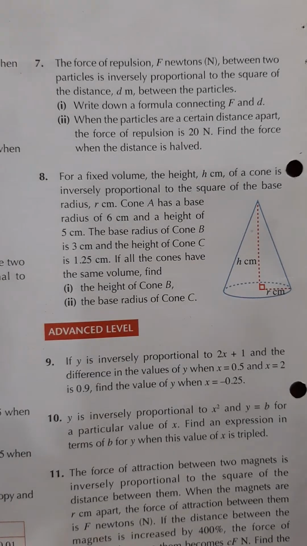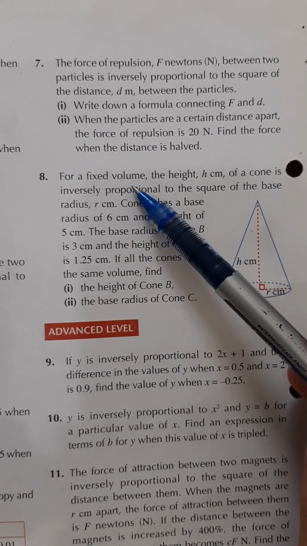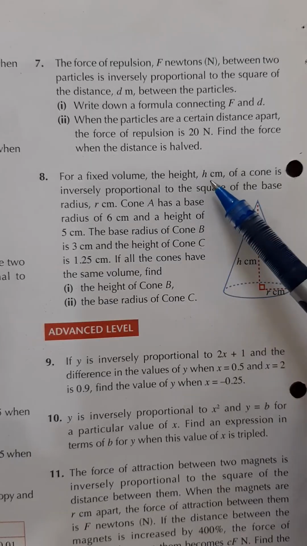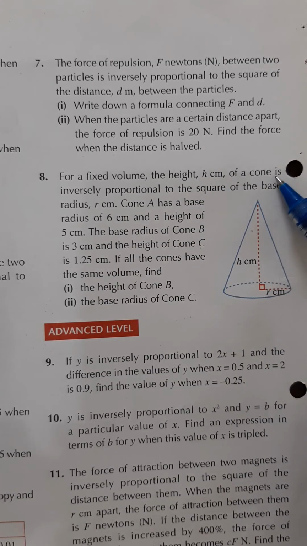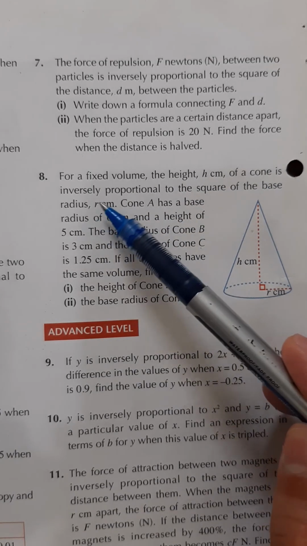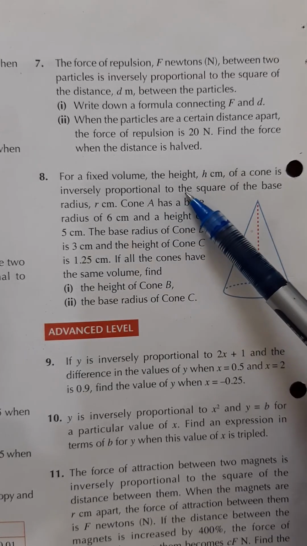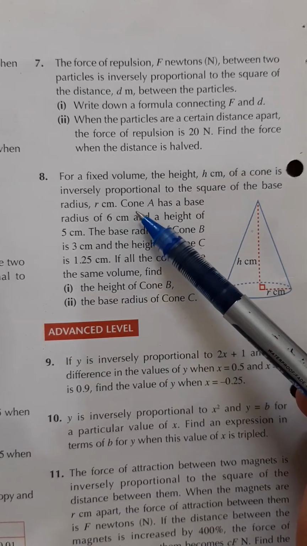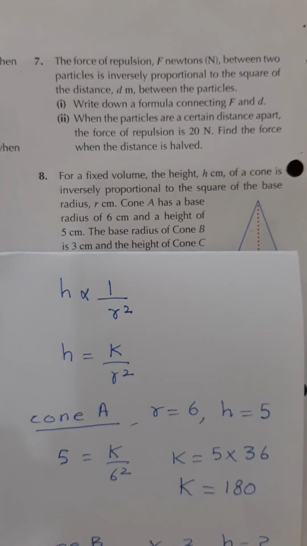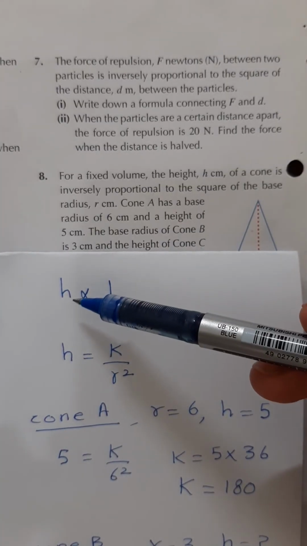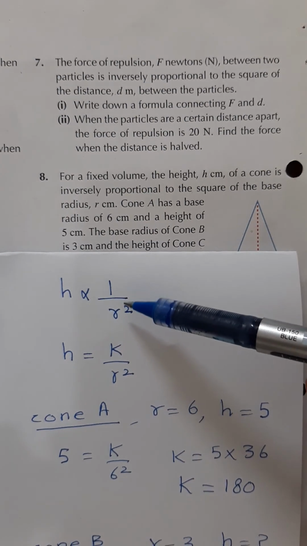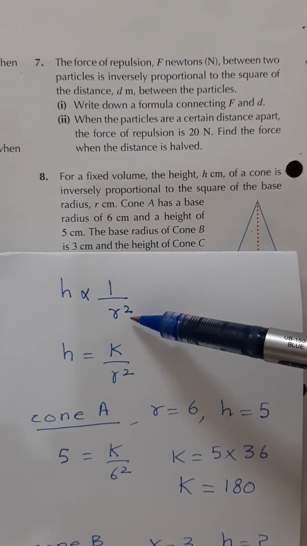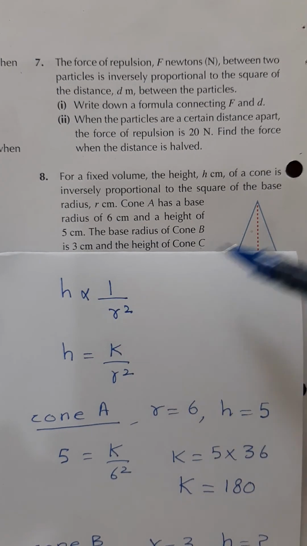In question number 8, they have given us that for a fixed volume, the height h centimeter of a cone is inversely proportional to the square of the base radius r. So according to the information, height of cone is inversely proportional to base radius square.